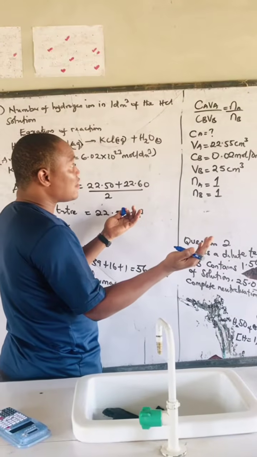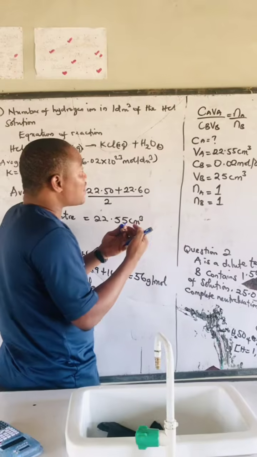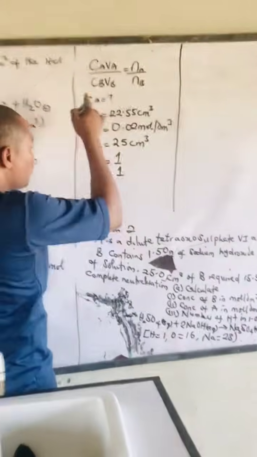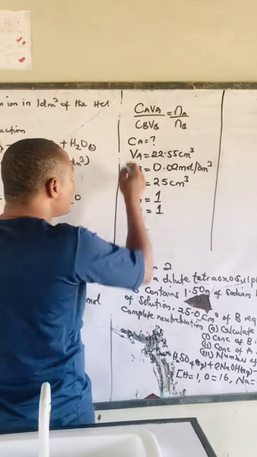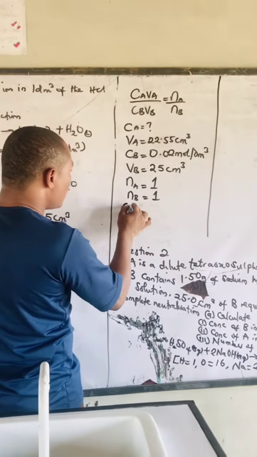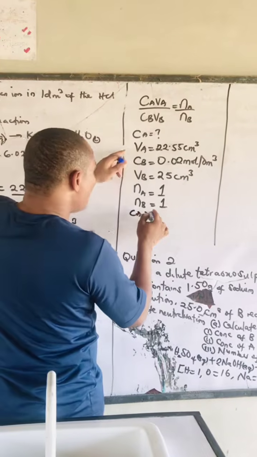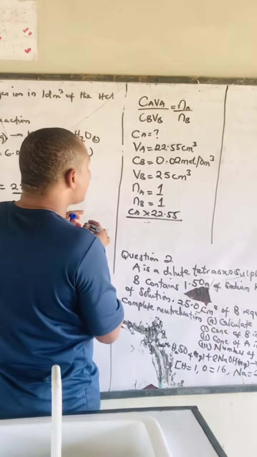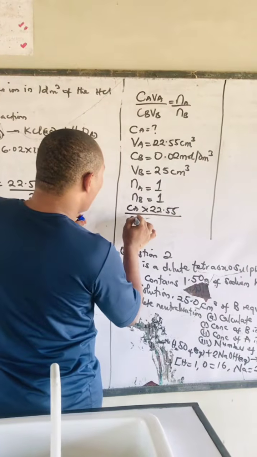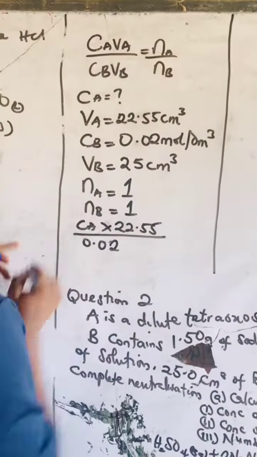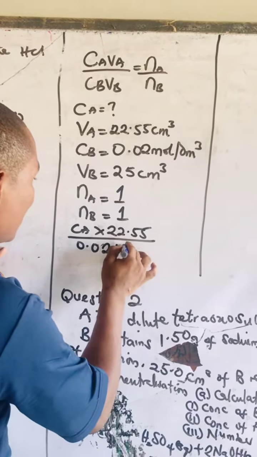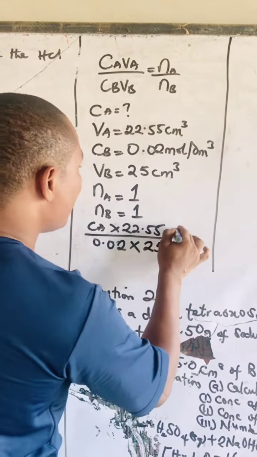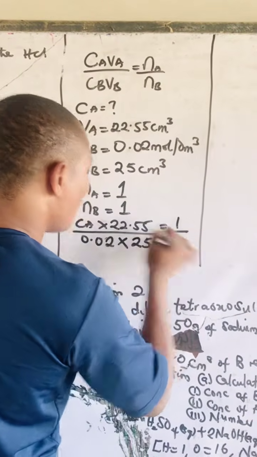So from here, it looks very much easier and interesting. We slot in all the parameters into the equation. Our Ca now is what we don't know, times our Va, that's 22.55, over our Cb, that is 0.02. Are we okay? And our Vb is 25, equals 1 to 1.